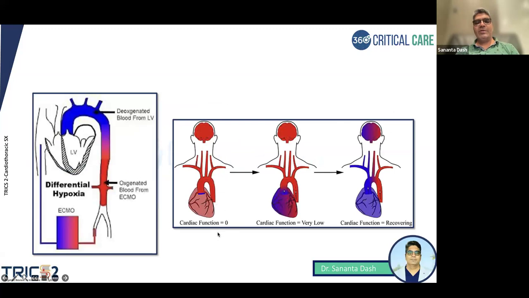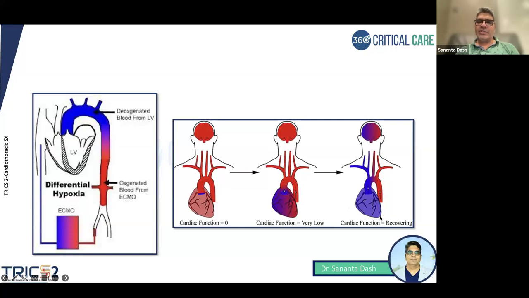Everything is red because your ECMO flow is going into the aorta and from there to everywhere, into the brain. Right and left are well perfused. Now cardiac function is very low. You still have blood going in there, a little bit of mixing, but it is more proximal to the heart, and the right and left side of the brain is getting adequately oxygenated blood.